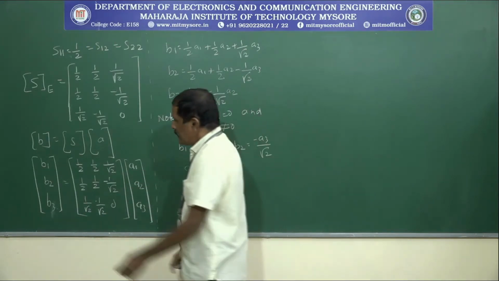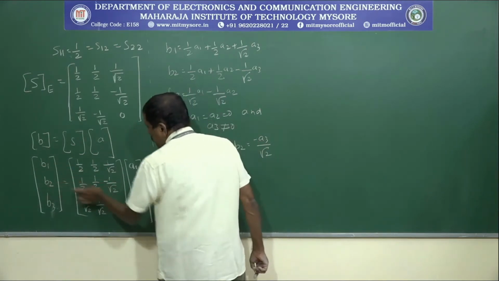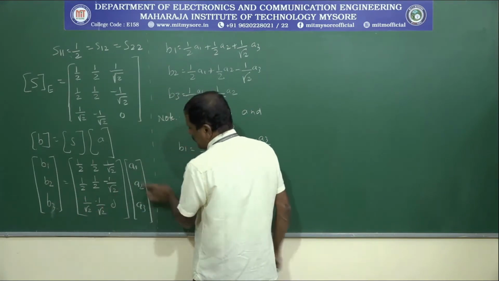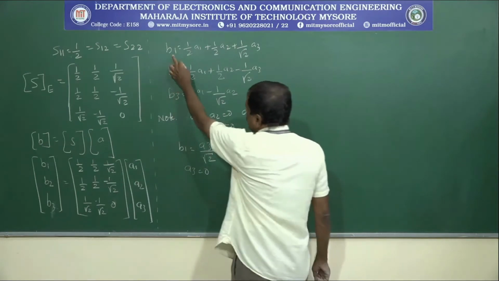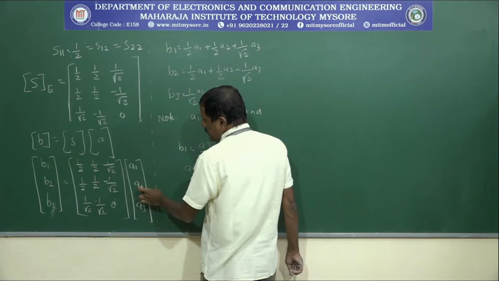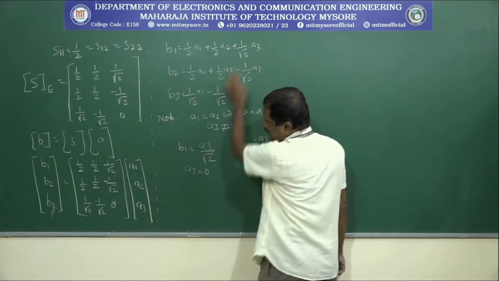Then B1 is equal to this row multiplied by this column, B2 equal to this row multiplied by this column, and B3 is equal to this row multiplied by these columns. So therefore B1 equal to 1 by 2 times A1, 1 by 2 times A2 and 1 by root 2 times A3.